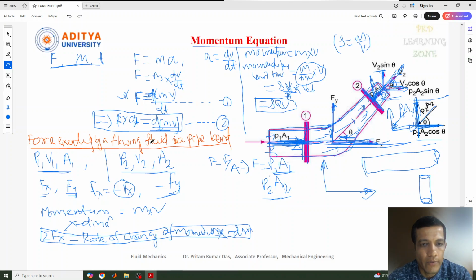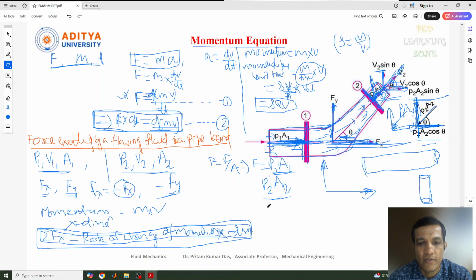Only one formula we started with: the net force F equal to ma, Newton's second law. Then we took the impulse momentum equation. The summation of force equals the rate of change of momentum as per the momentum principle. We just derived this.